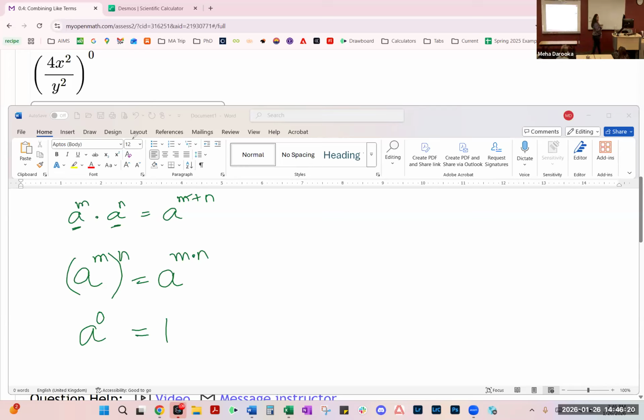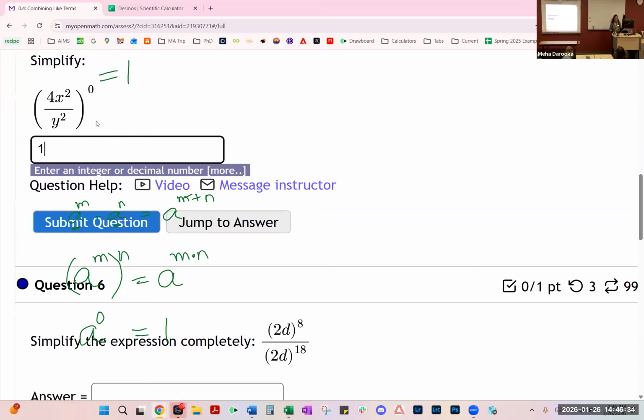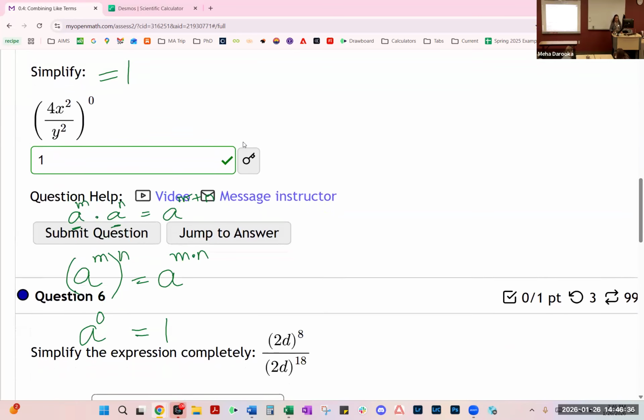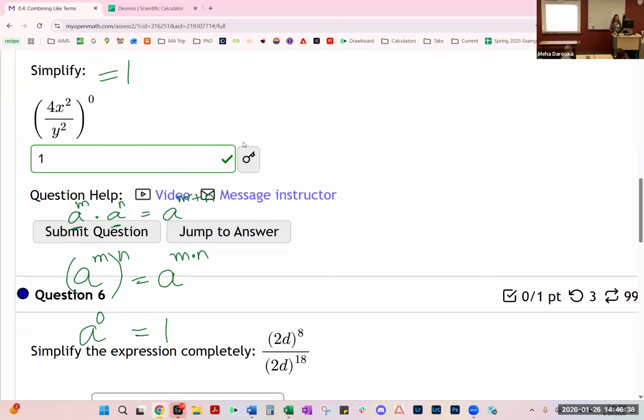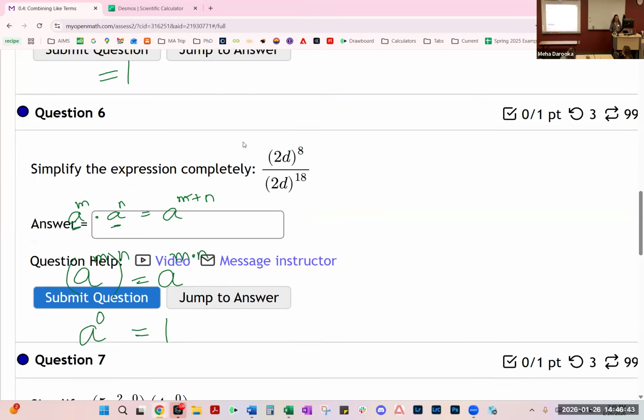So that entire expression being raised to the 0 power will actually just end up becoming 1 because there's no simplification we can do since the whole thing was inside parentheses. So this guy will just be the zero exponent rule, and you come up with 1. All right, there we go.